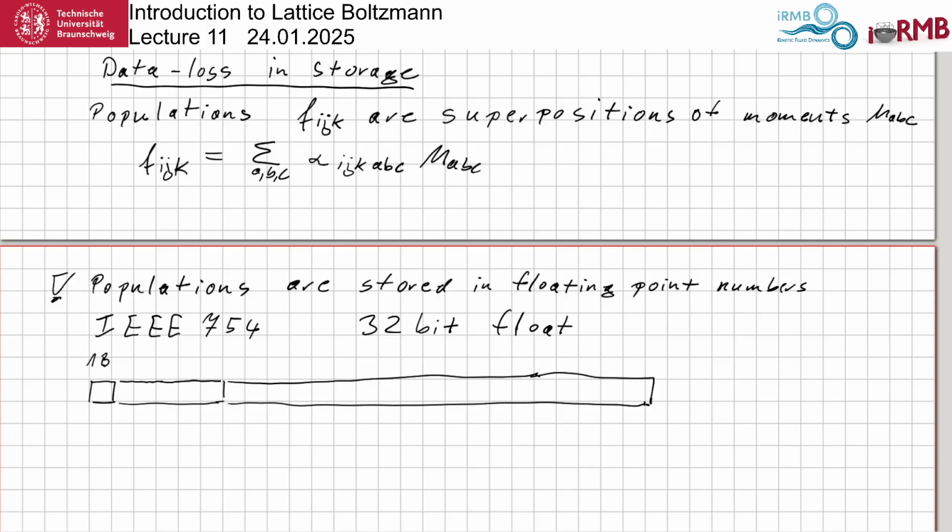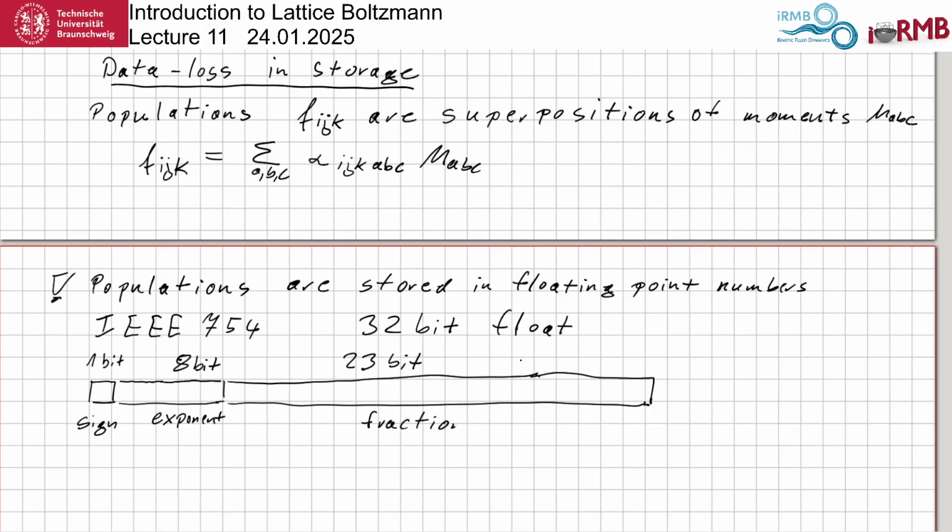You see, we said 1 bit here, 8 bits, and 23 bits. This is how we split up our floating point number. The first bit is the sign, these 8 bits are the exponent, and these 23 bits are the fraction.